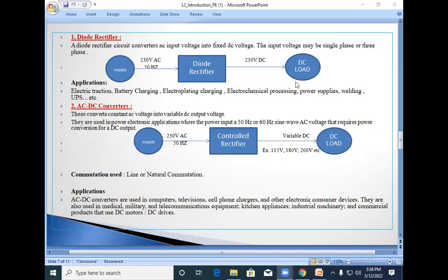So what is the function of diode rectifier?